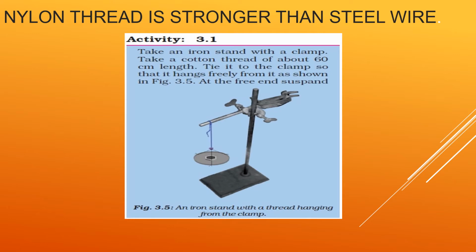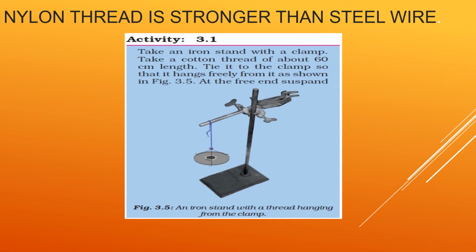Take an iron stand with a clamp. Take a cotton thread of about 60 centimeter length. Tie it to the clamp so that it hangs freely from it as shown here. At the free end, suspend a pan so that weight can be placed in it. Add weight one by one till the thread breaks. Note down the total weight required to break the thread.